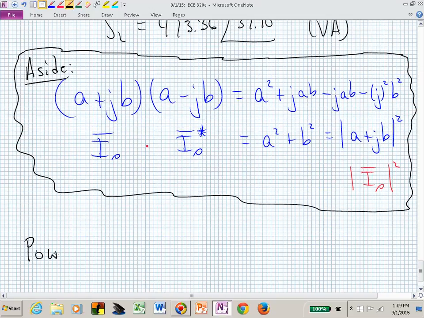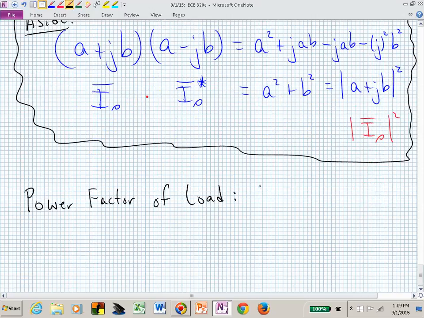So now we have the power factor of the load, not the source, not the transmission line, the power factor of the load. And if you forget some of these, just go back to what we have said we're working with. The power expression is V magnitude, I magnitude in RMS, cosine of the angle between the voltage and the current.